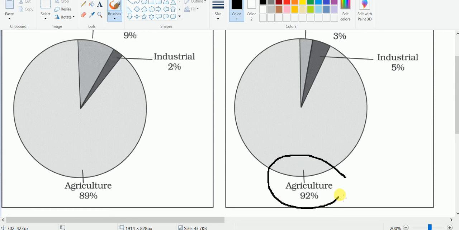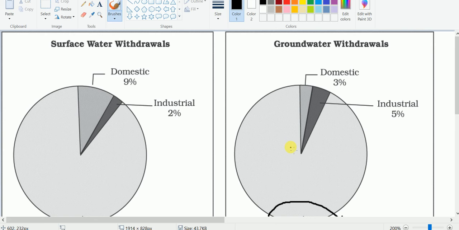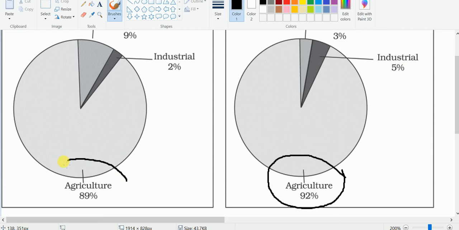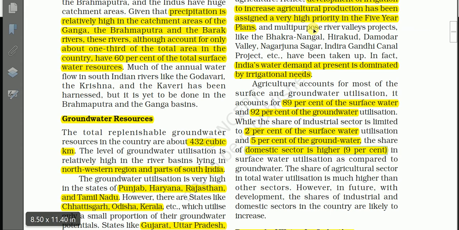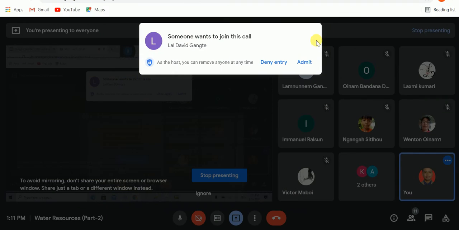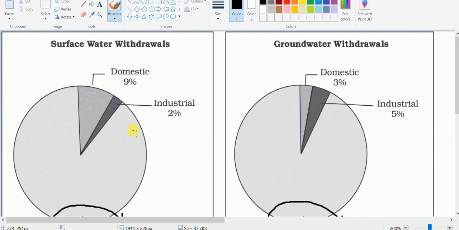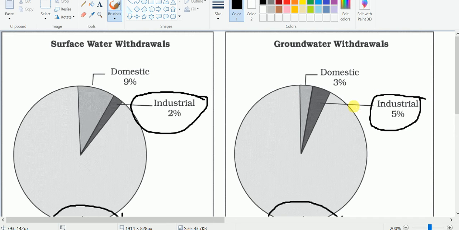See here, 92% in the case of groundwater utilization and 89% in the case of surface water utilization. While for the other sectors, as we have read in the text, the industrial sector uses only 2% of the surface water and 5% of the groundwater.